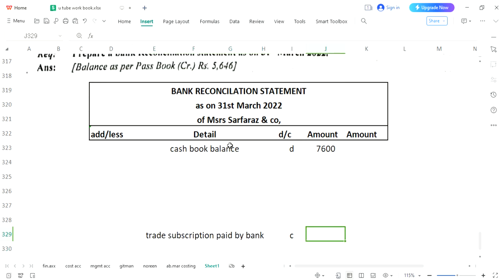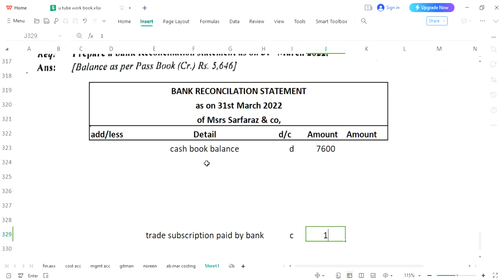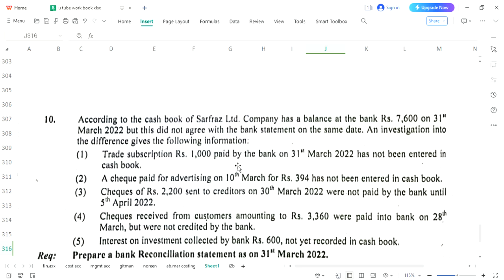Now let's see how much amount has been paid: 1000, so 1000 would be put in the amount column. Please note it down. It was a payment, an expense. In expenses we credit our bank account, and it has been mentioned that it was not entered in the cash book. So obviously it's a mistake, but we will follow the very simple and general rule. Trade subscription is an expense, so the amount in bank would be decreased. It means bank should be credited.